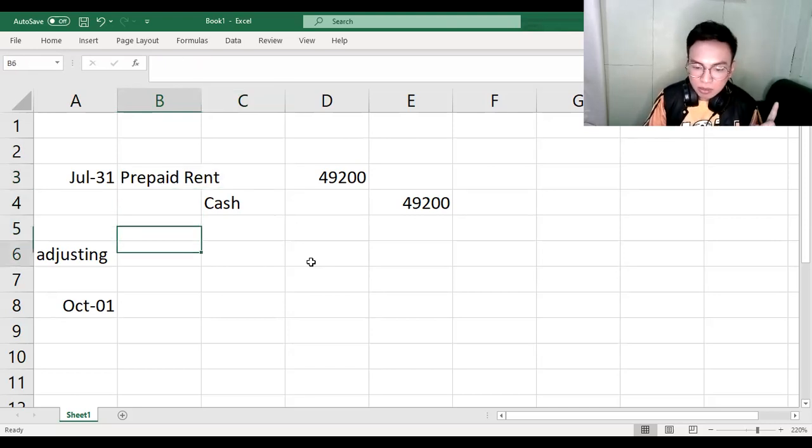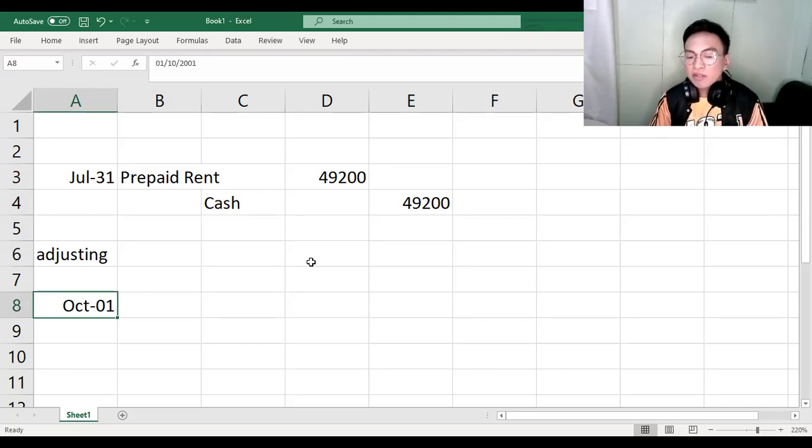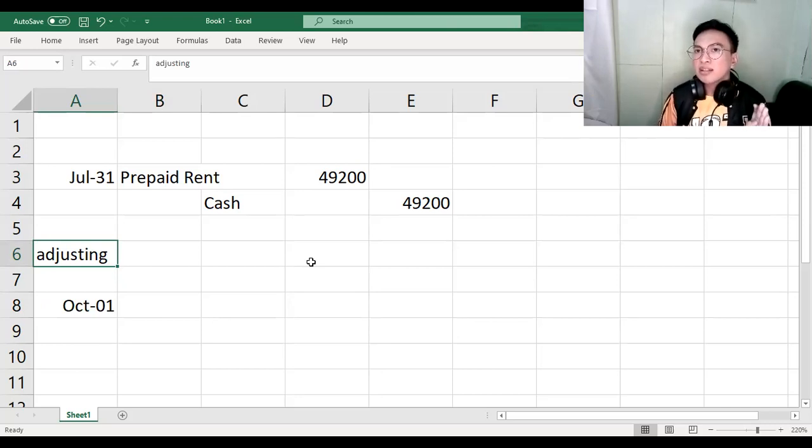We are asked to provide the adjusting entry on October 1. Okay? So hanggang October 1, magkano na ang ating nagastos or nagamit for the prepaid rent? If we are to look at it, August, September, okay, October, sir, do we include October para masabing meron na tayong expense? Or nagamit na ba natin siya ng buong October para bilangin siya as a consumed portion of our rent?